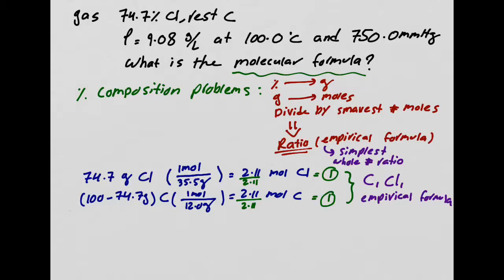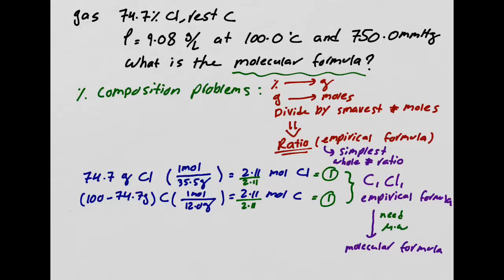Now, if you have the empirical formula, but you need to figure out the molecular formula, to go from empirical formula to molecular formula, what do you need? Do you remember? You need the molecular weight.